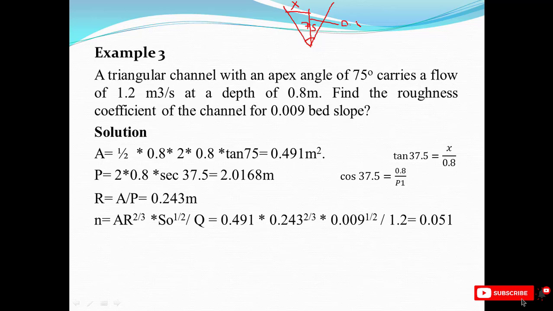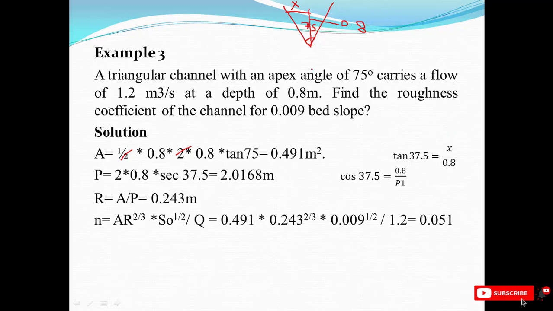If we have X, we have the bottom of the triangle, and we have this side 0.8, times X times 1 over 2. This is the area of this triangle. Similarly, the area of the other triangle is the same, so times 2 for both sides. This 2 cancels with the 1 over 2 of the equation, and we calculate the area.